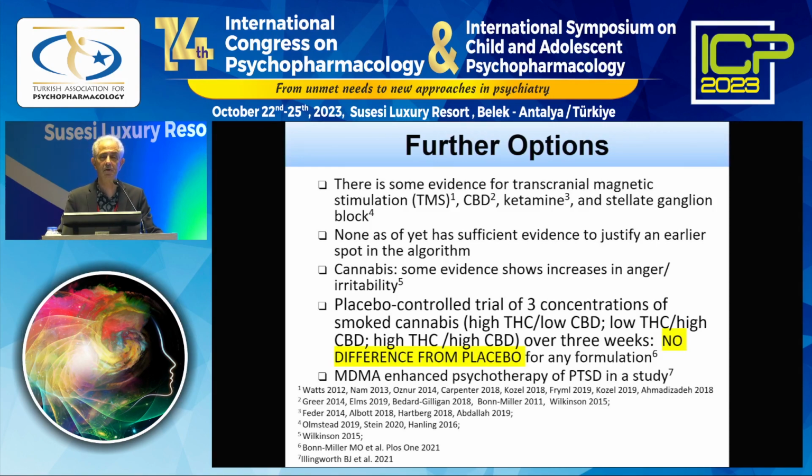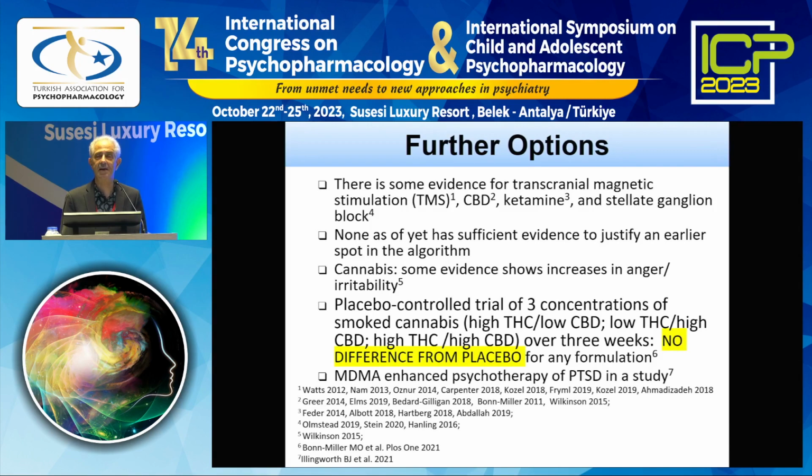I think this is up and coming. It's very exciting. We could use more data on it. CBD, a component of cannabis, may have some benefit. Ketamine might have some benefit, just small evidence on it. And stellate ganglion block. None of these, though, did we think have sufficient evidence for higher placement in the algorithm.